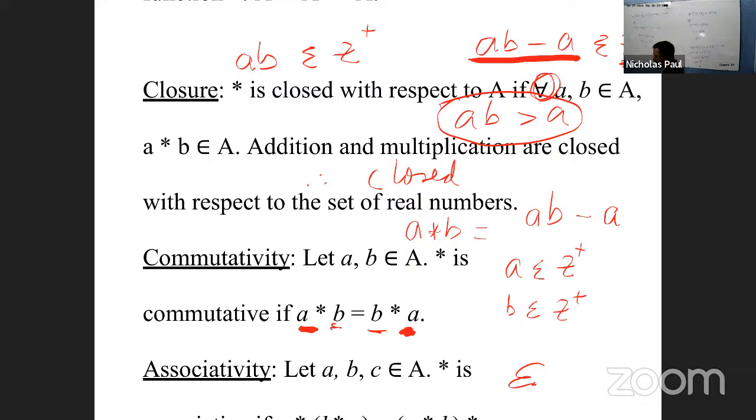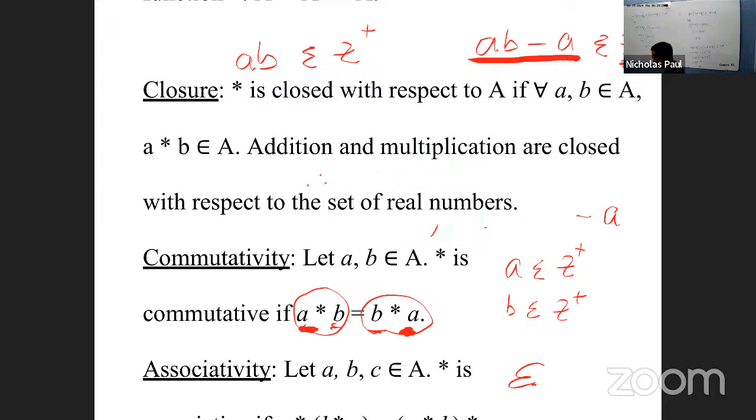Right? Commutative. How do you show something commutative? You have to show that A star B is the same as B star A. So is our example here commutative? That is A star B, right? What is B star A?